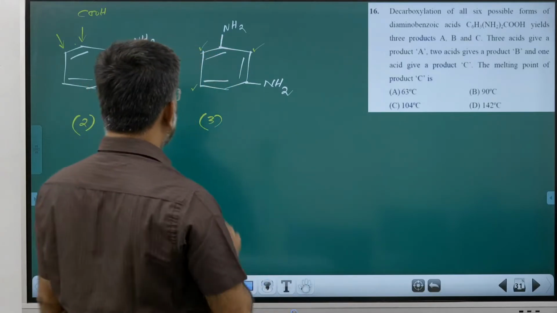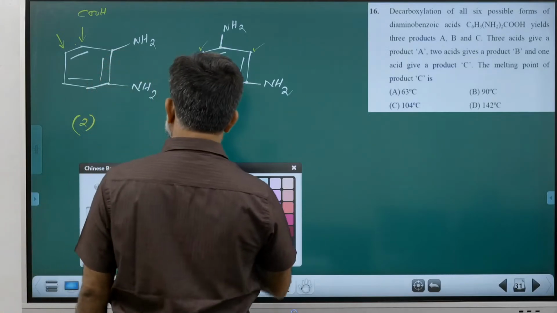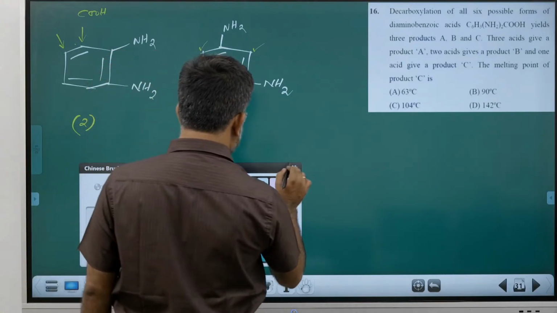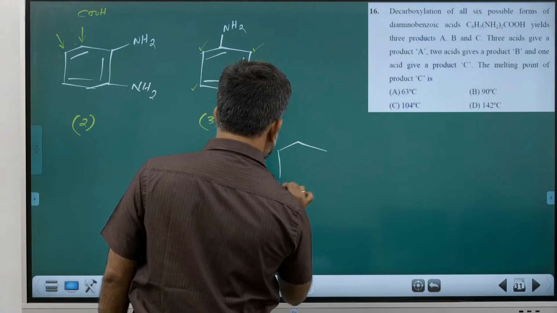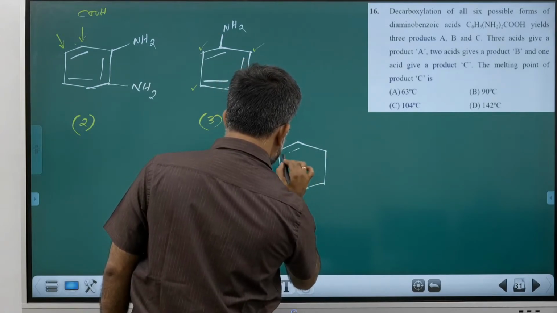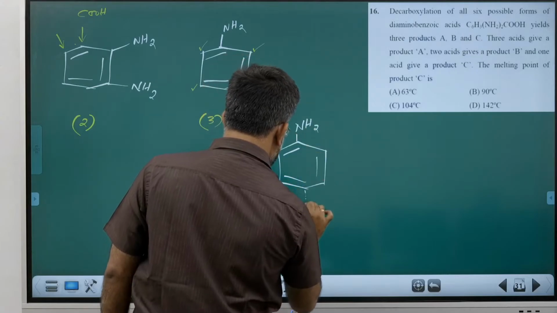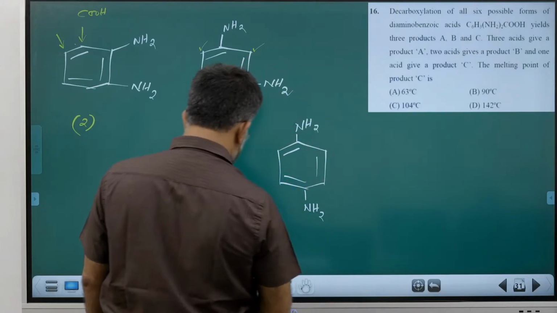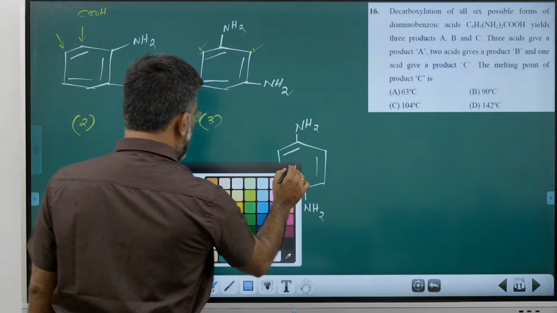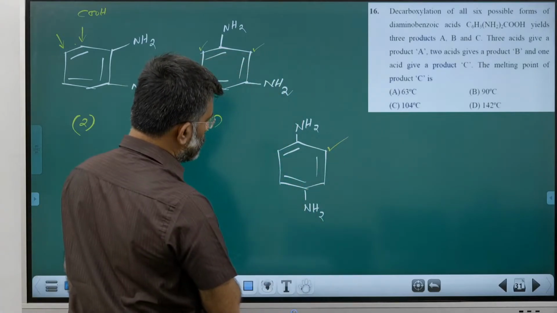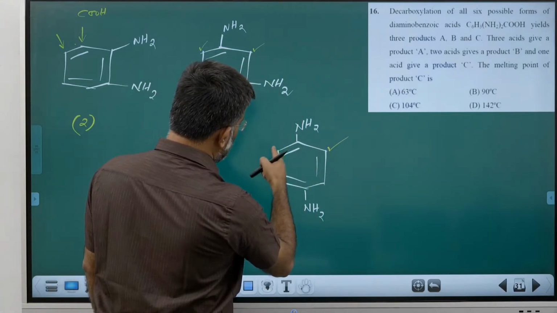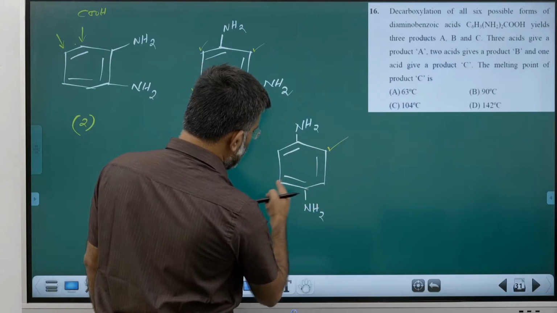Okay, now there is one more. It's only 5, no? 6 we want. The sixth one, let us try. We have NH2 here and we have NH2 here. Now here only one position for COOH is possible because these positions are identical and these two are identical.